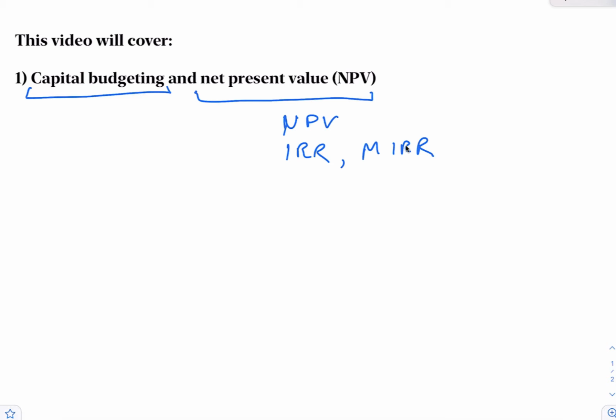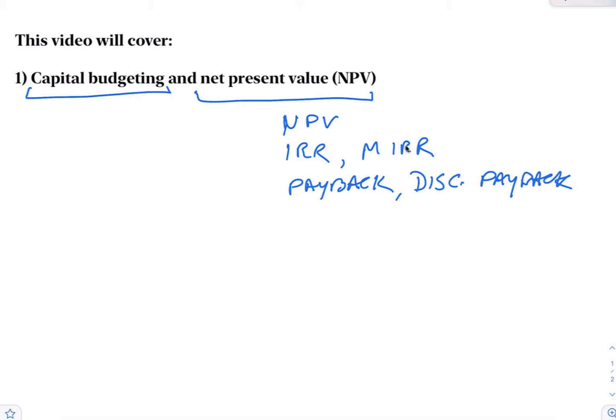That's two types of additional techniques or criteria or rules. Then there's the payback method, and then there's discounted payback. These all have different ways of evaluating whether or not a project is acceptable.